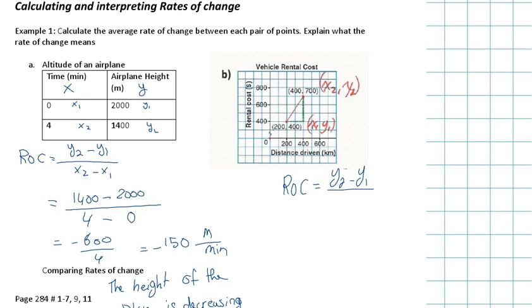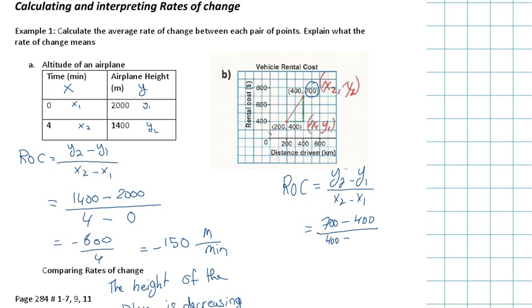So looking at the 2 points, I have x1, y1, and then x2, y2. So this is y2, so I'm going to start with 700 minus 400 over 400 minus 200.